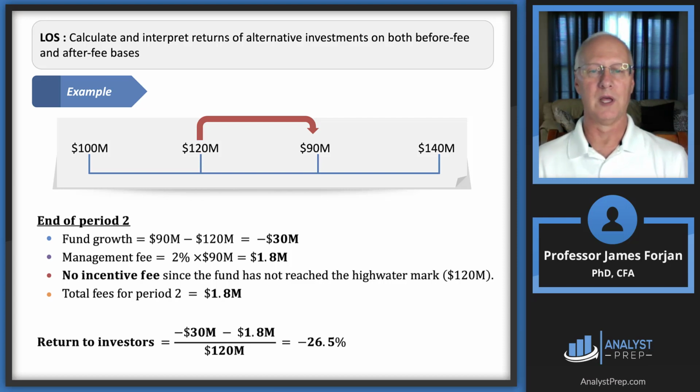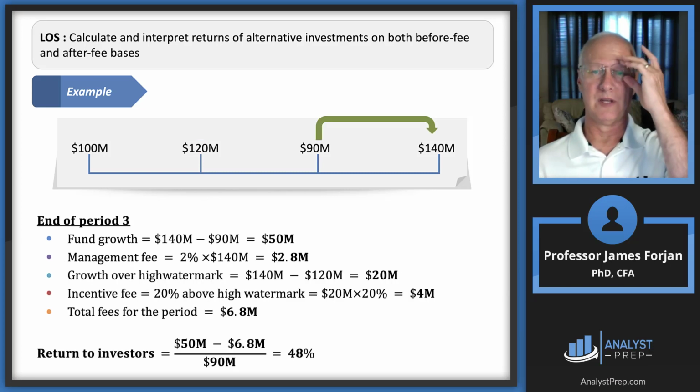There's the 120. So we paid the 1.8 million. Management fee, no incentive fee. So our numerator, this is not good. We have a minus number there, and then we're going to add another minus number. So there's a minus 30 minus the 1.8 divided by the beginning value again, of course. So there we lose 26.5%.